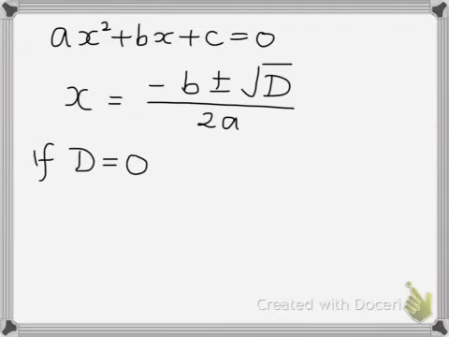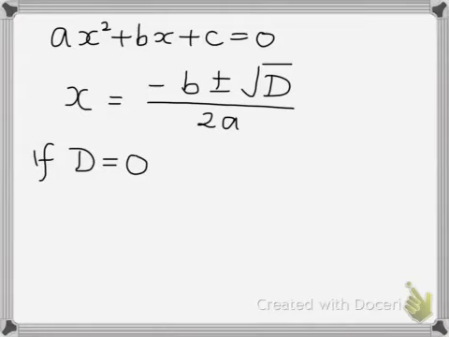If D is 0, the square root of 0 is 0. What are the roots of this equation then? It would be minus b plus 0 or minus 0, over 2a. What on earth is plus 0, and minus 0? We are actually saying the same thing.